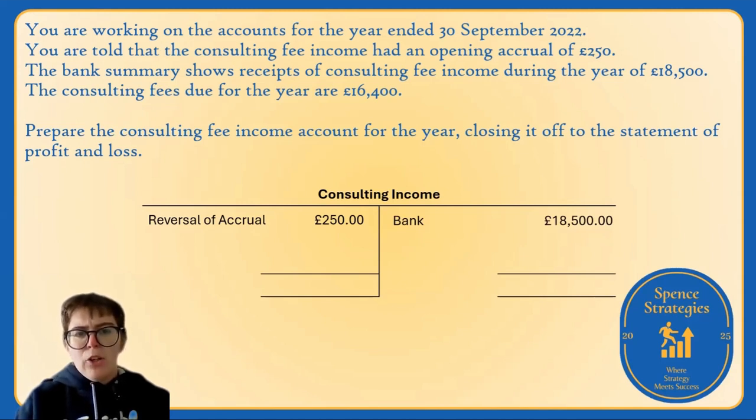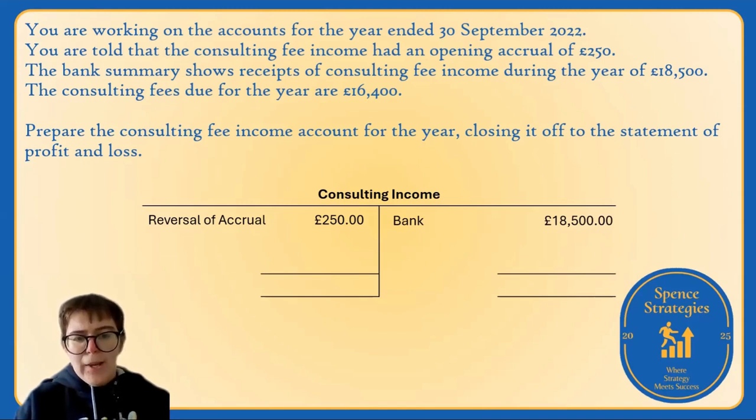However, my consulting fees only added up to £16,400 this year. That tells me that one of my clients or a few of my clients have paid me some income in advance for some consultations that I will do within the next financial year. So I need to make an adjustment.